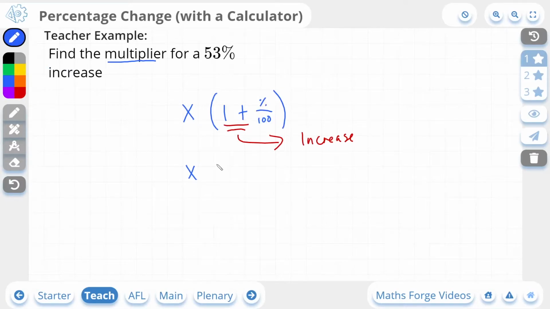So a 53% increase will be 1 plus 53 over 100. If we put this into our calculators and simplify, this will give us 1.53. So 1.53 is what you multiply onto a number if you want to increase it by 53%. And if we check our answer, there it is.